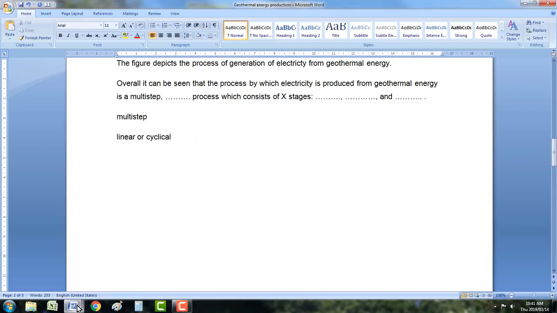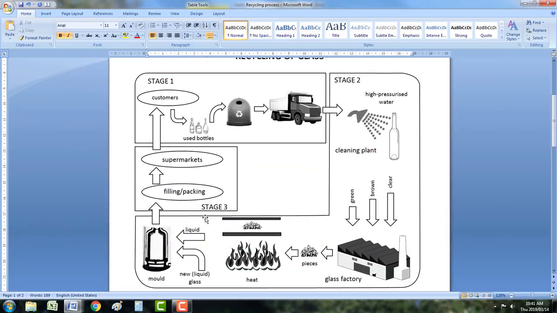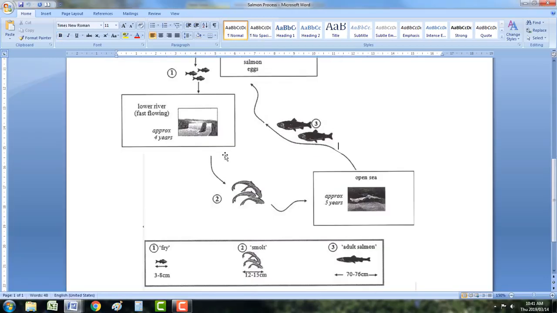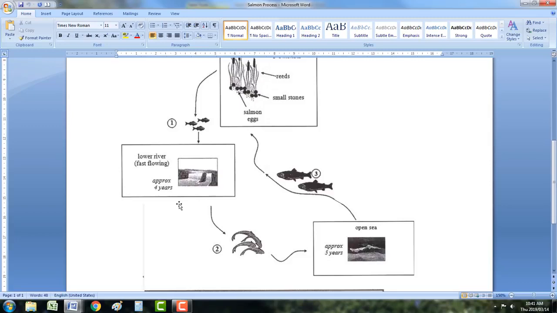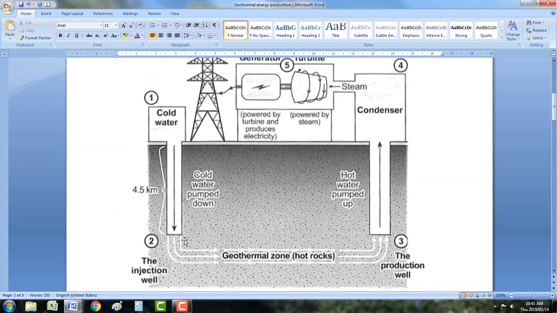in a cycle? Here's 2 examples of cyclical, this recycling of glass. Cyclical comes from the word cycle, like bicycle, which is something like a wheel that goes around and around. So this one is obviously cyclical. Also, this salmon one is also cyclical. But our one today is actually linear. Be careful. It looks like it's cyclical.